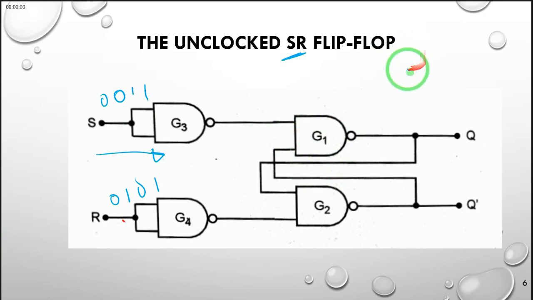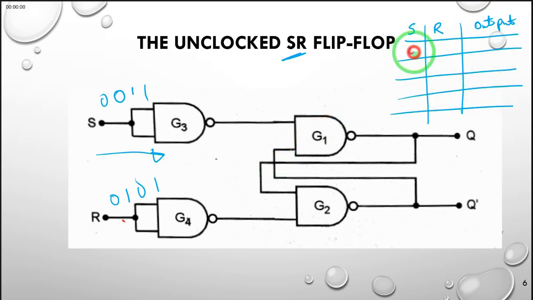So if we draw a truth table of S and R or SR flip-flop, and you observe the output of this flip-flop, the way it's drawn here, we will just observe what are the outputs when our input variables are changing, as we normally observe for any 2 variable input.